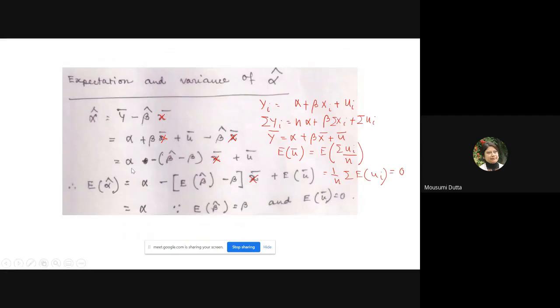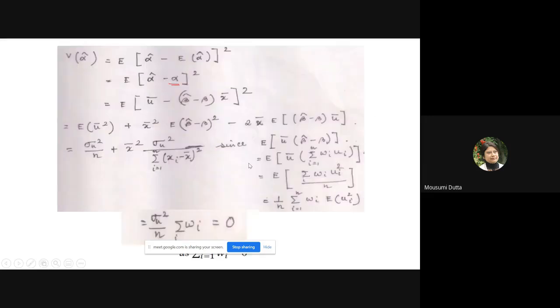Alpha hat was alpha minus beta into x bar plus u bar. So alpha hat minus alpha will be minus beta into x bar plus u bar, so u bar minus beta x bar. I'm replacing alpha hat minus alpha by this term. Is it okay?